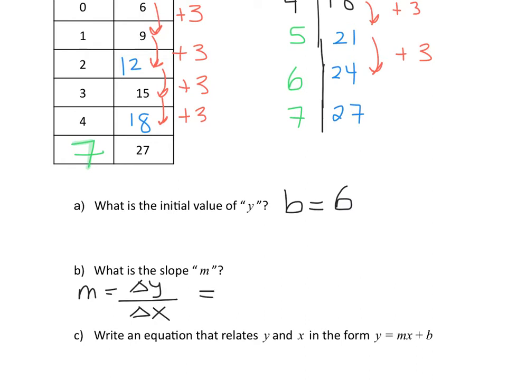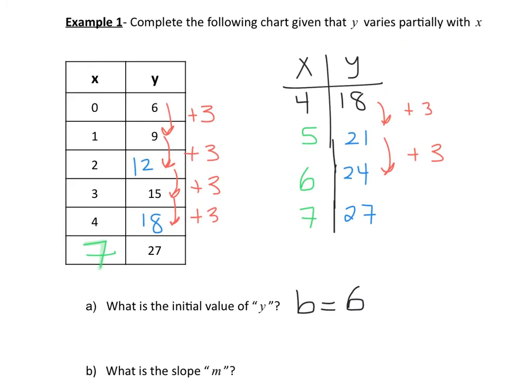And if I go back to my table and take a look, the change in my y column was 3. Each of my y values was increasing or growing by 3 consistently each and every time. So my delta y is going to be 3.